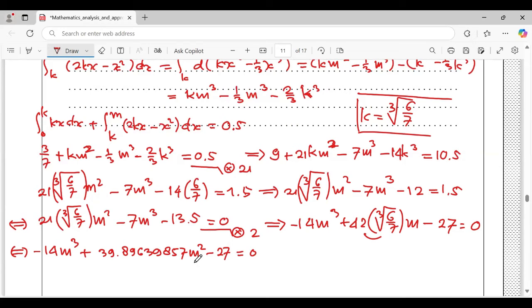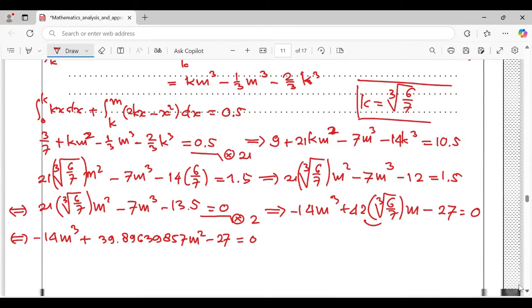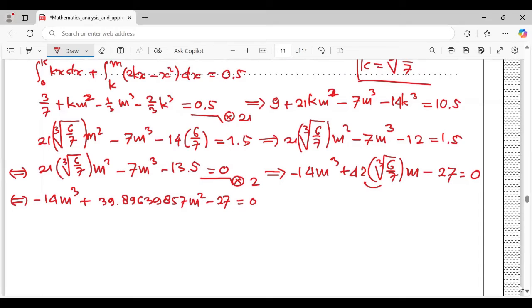Okay. Now I would like to find m, the median. So I will sketch on the Cartesian plane. I would like to change m to x, just to find the x values.